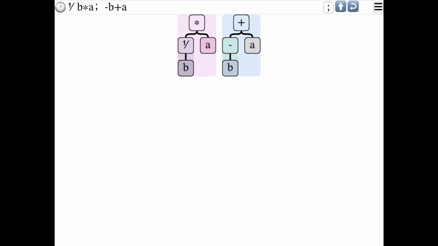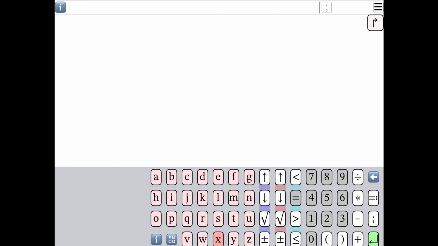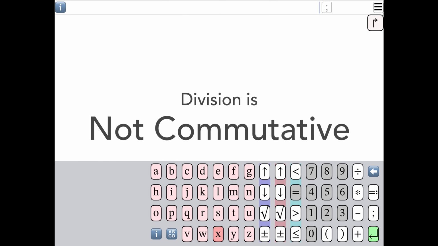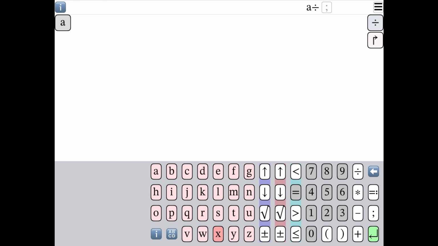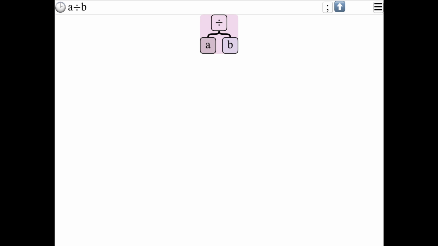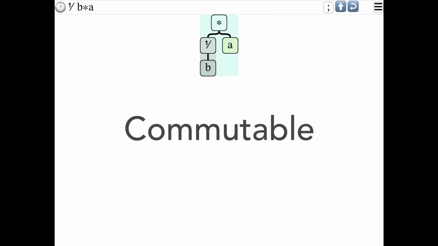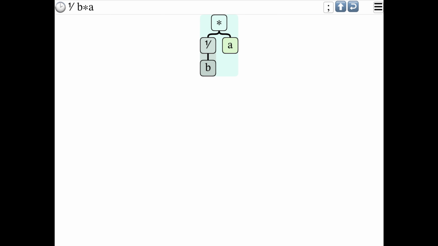And this transformation is also often useful. So division is not commutative, but it is commutable, if you remember the other changes that must go along with it.